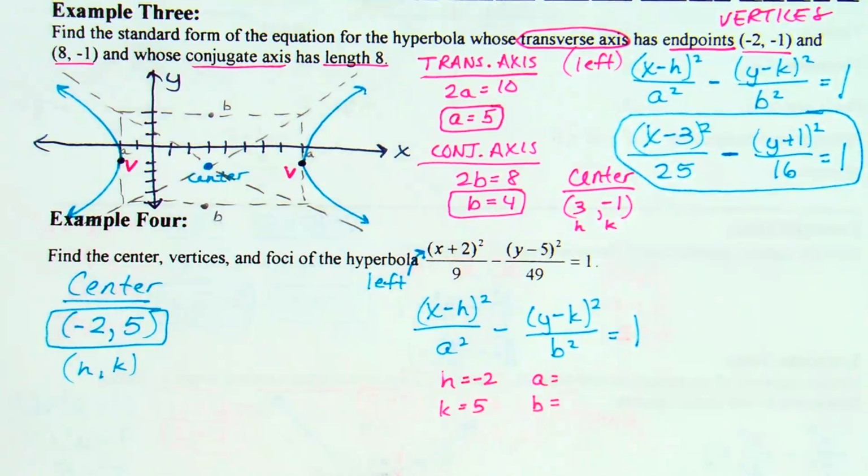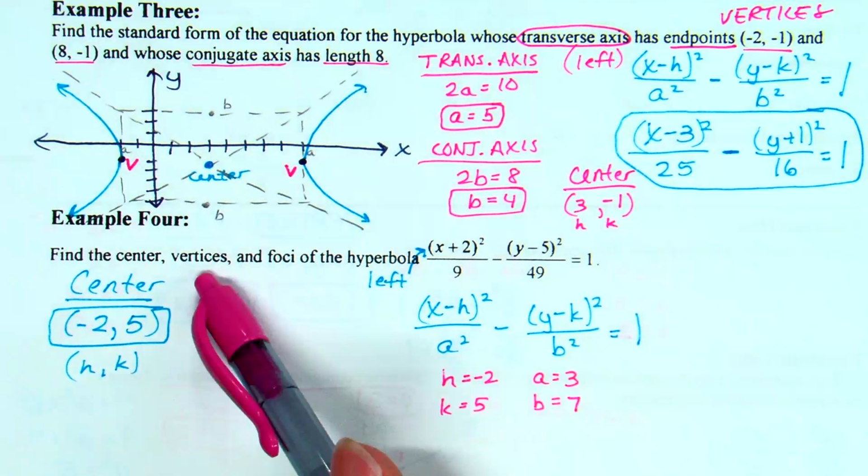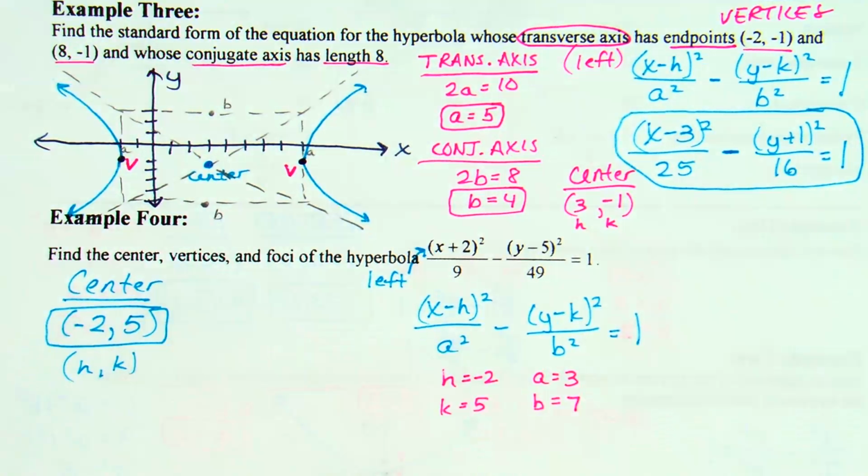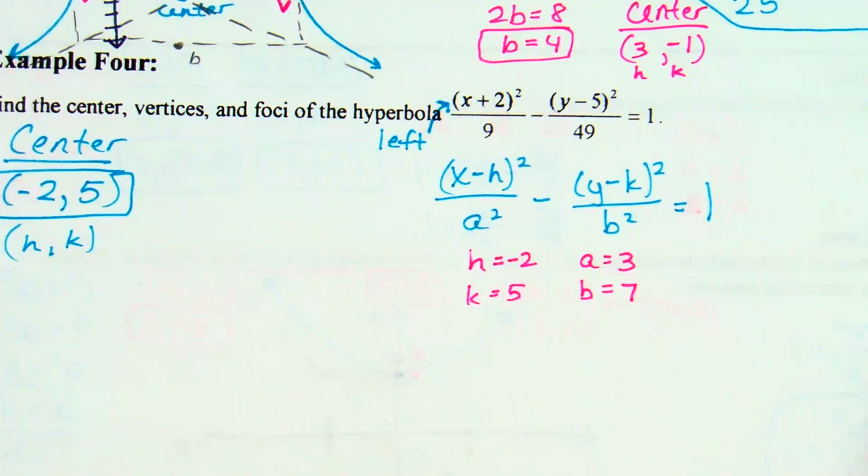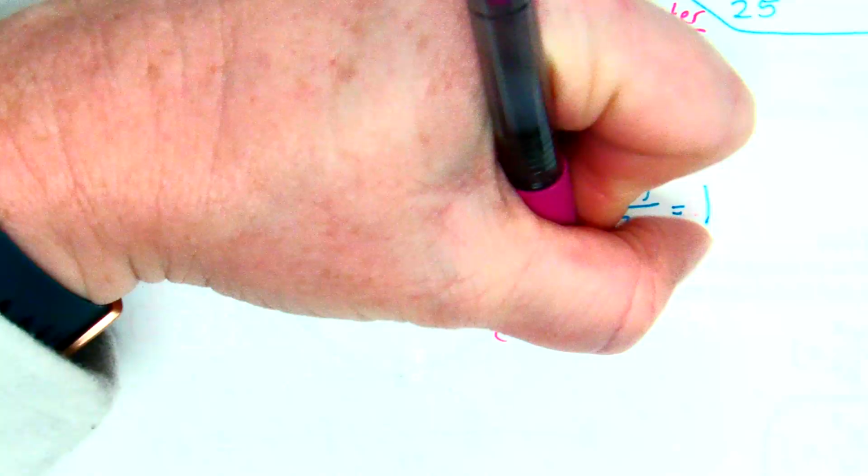Am I going to need to know c? What else do I still have to find? Vertices and foci. Foci always require the use of c. So let's go ahead and find c. How do I find c? C squared equals a squared plus b squared.